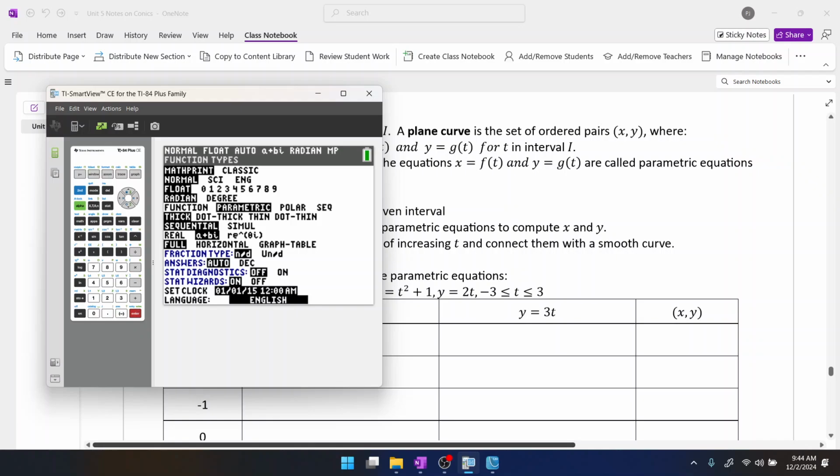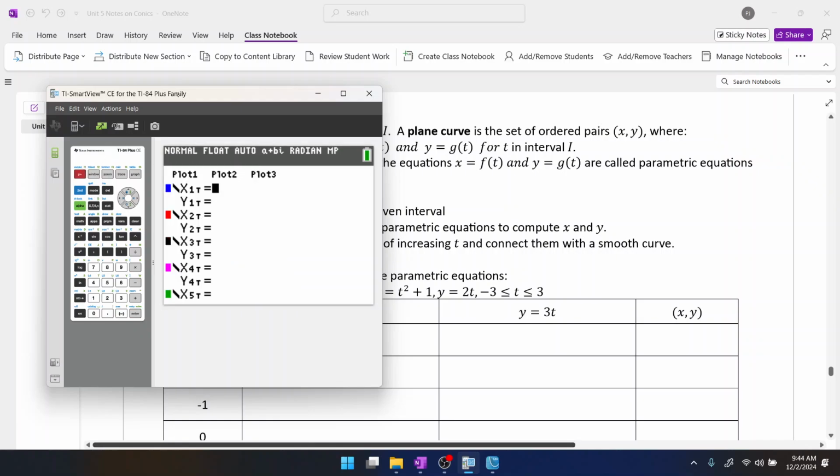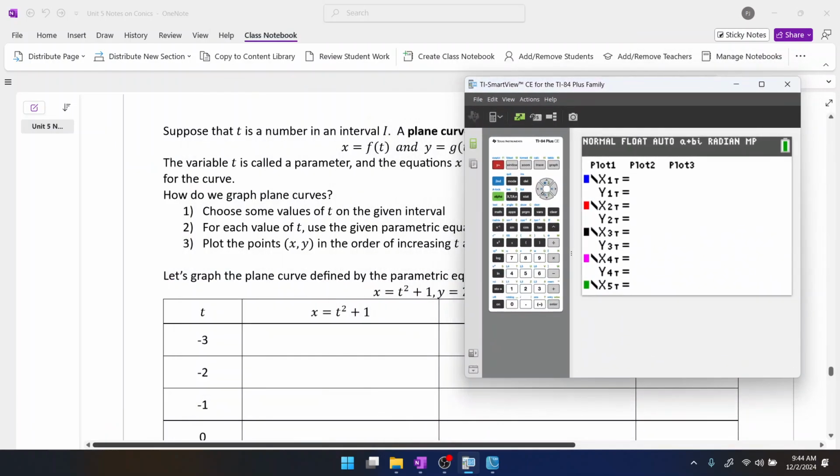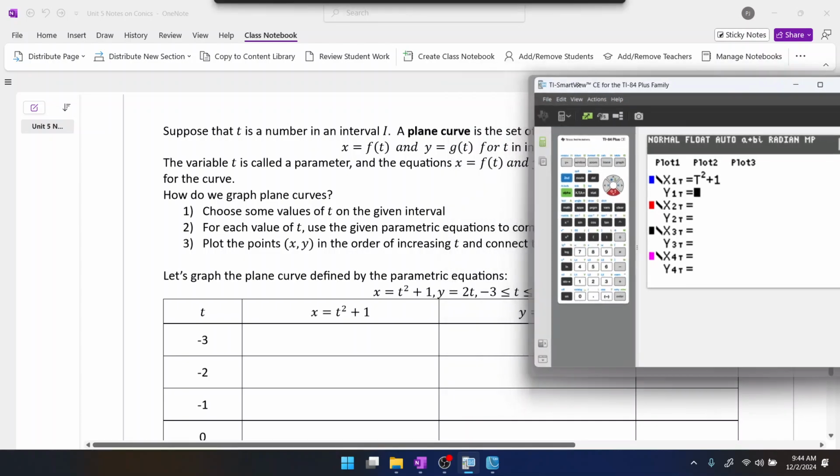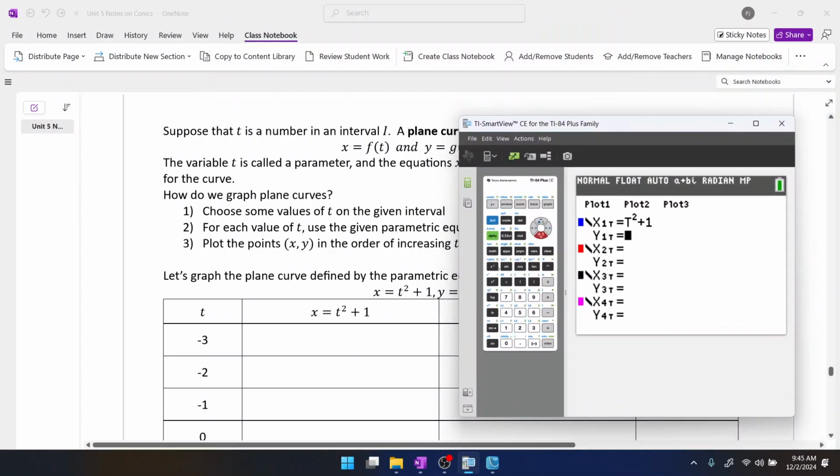And from there, here's what we're going to do. If you notice, you have an x component and a y component. And when you click on this button, you notice, yeah, it's t squared. Oh, that should have been t squared plus 1. And the other one for y is going to be 2t.